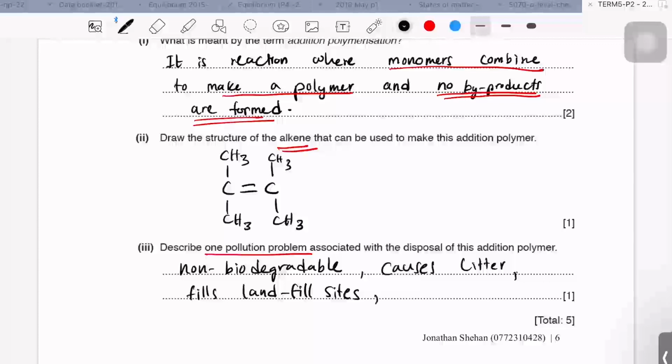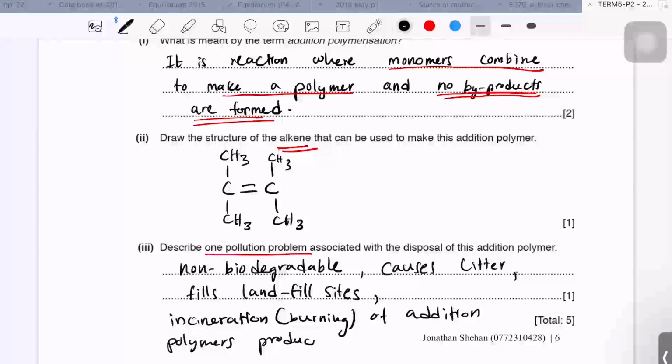And also we can write down incineration. Incineration means burning of addition polymers, which produces toxic gases.